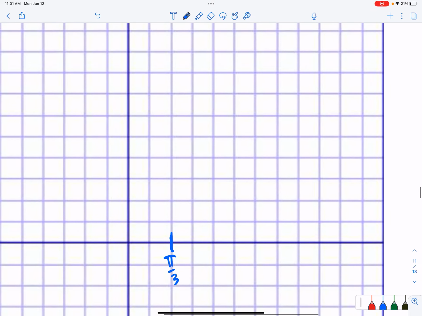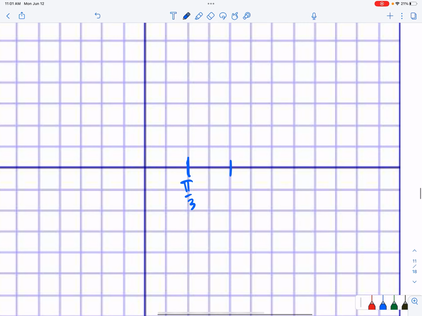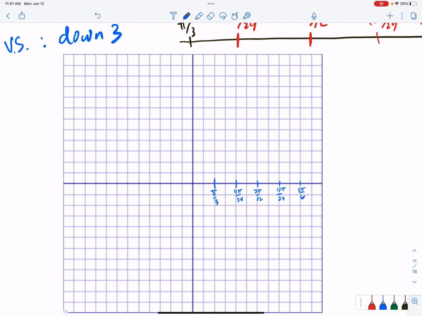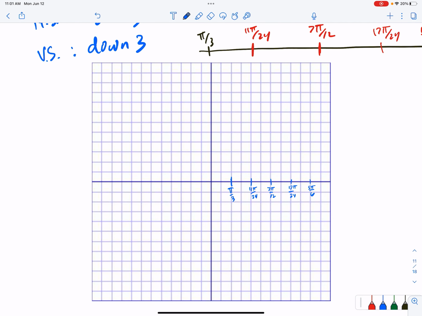We had 11 pi over 24. We had 7 pi over 12. We had 17 pi over 24, and then 5 pi over 6. Okay, so there's those key values.